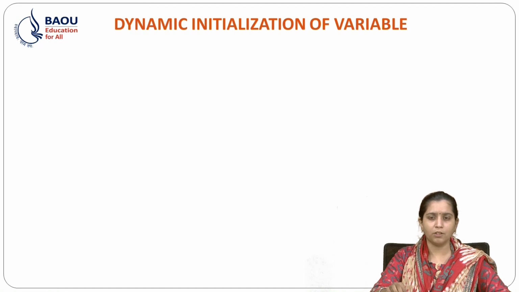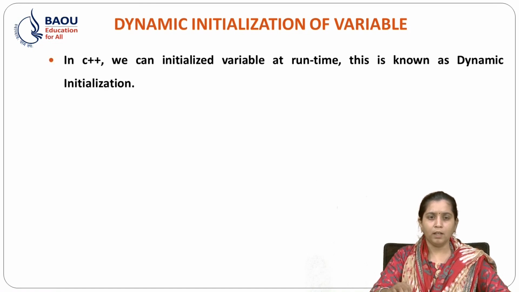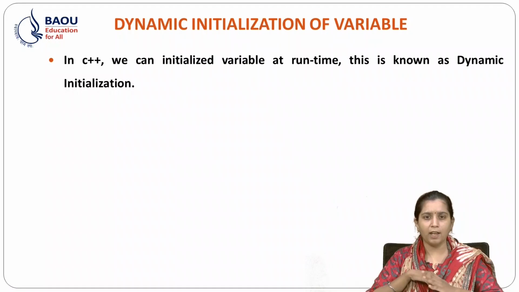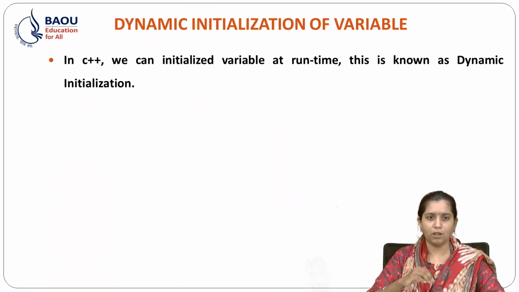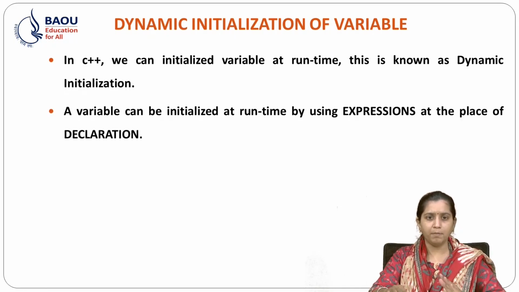Dynamic initialization of variable. In C++, we can initialize a variable at runtime. This is known as dynamic initialization. A variable can be initialized at runtime by using expressions at the place of declaration.